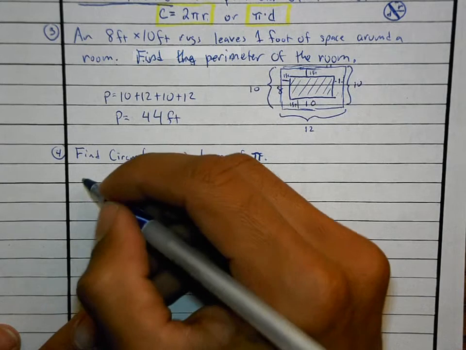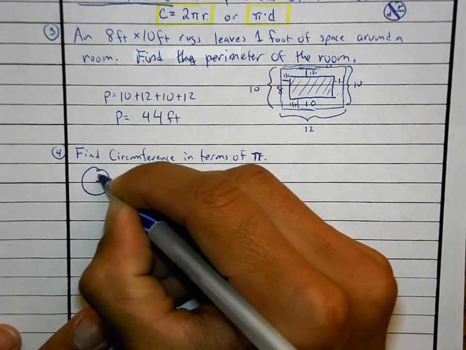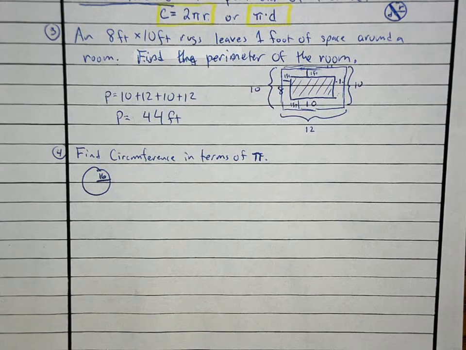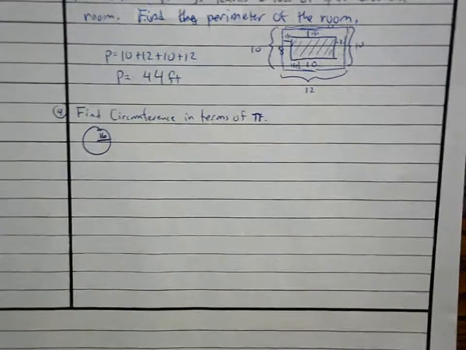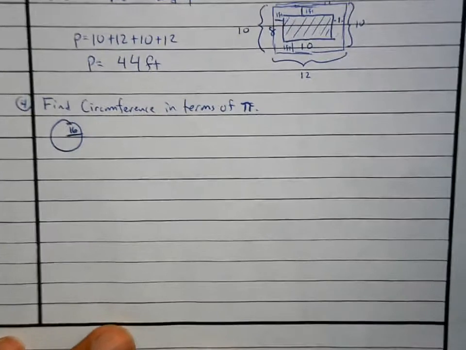Number 4 looks like this. Find the circumference in terms of pi. And then it has a circle, and then it has a 16 from the middle to the outside. Let me zoom in just a little bit more.